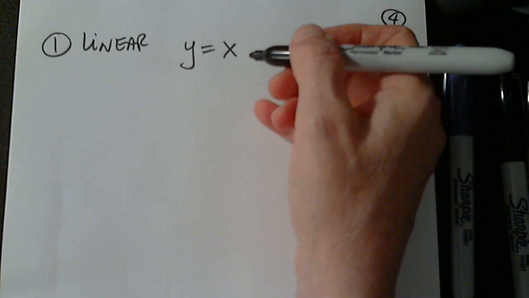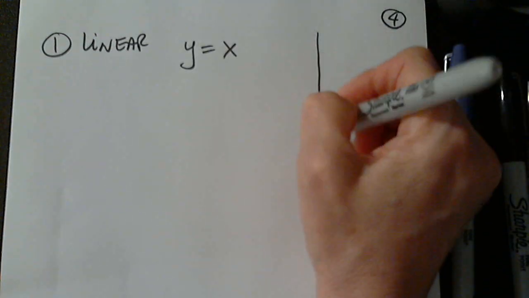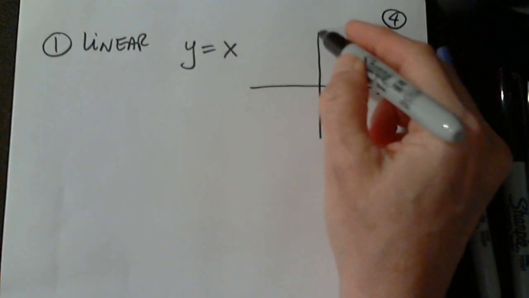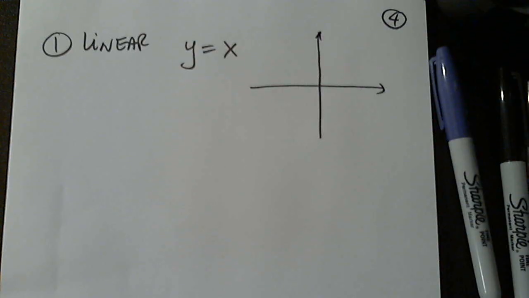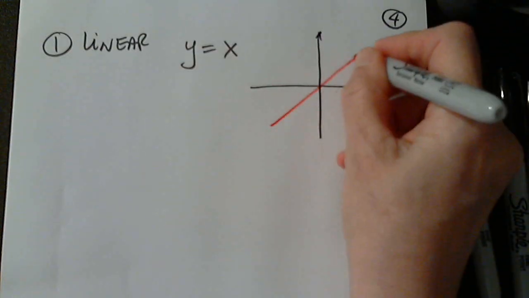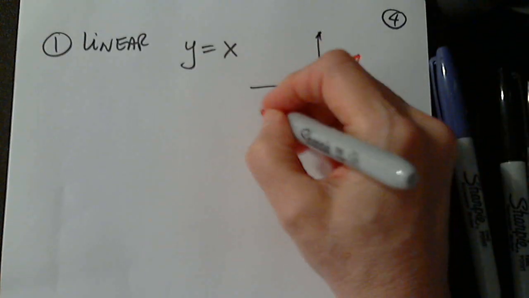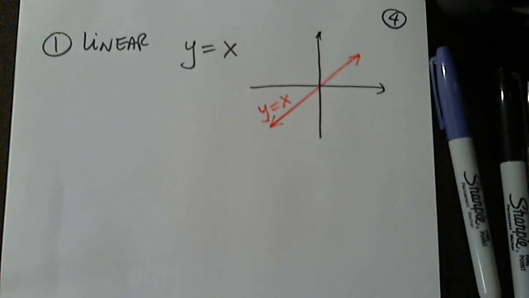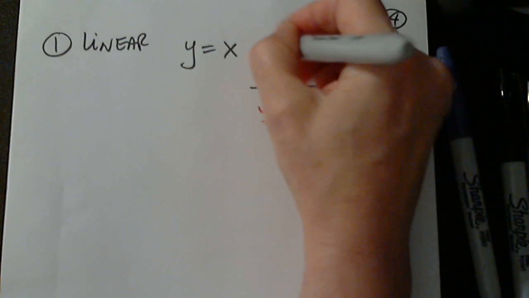The simplest, the basic one. And how will I graph it? Well, I need to know how to graph it because otherwise transformations make no sense. It's this graph. Odd, even, or none of the above. Odd. Excellent. Thank you.